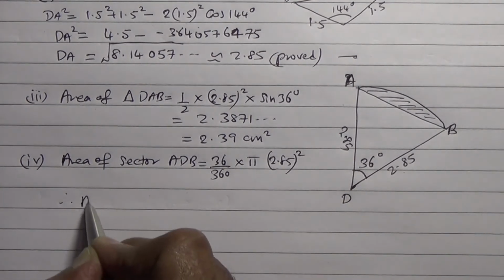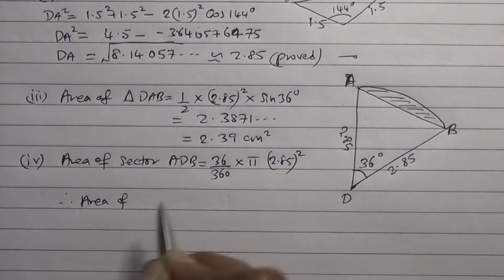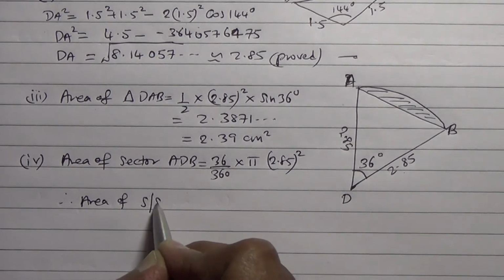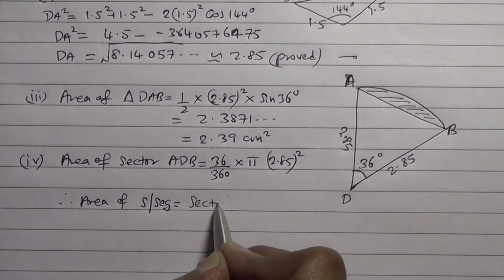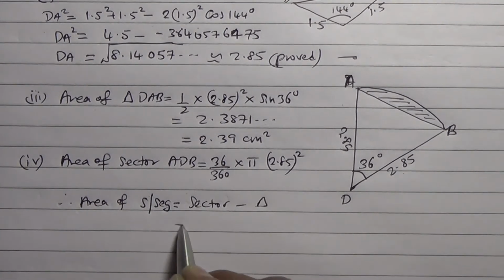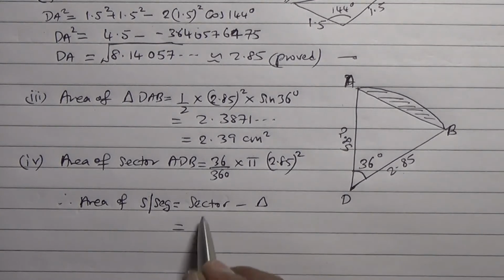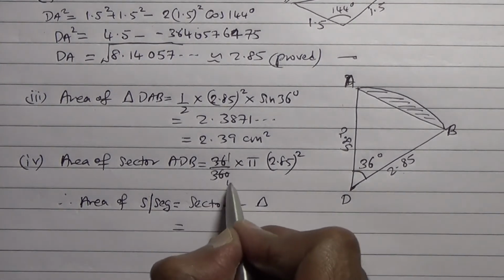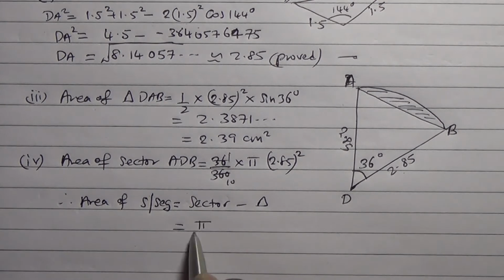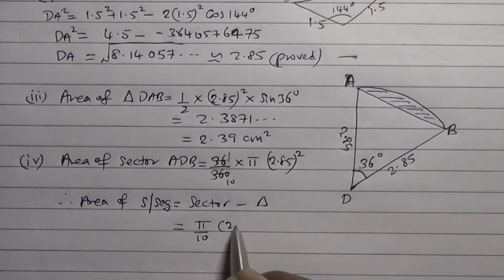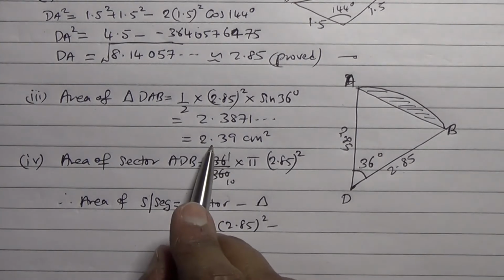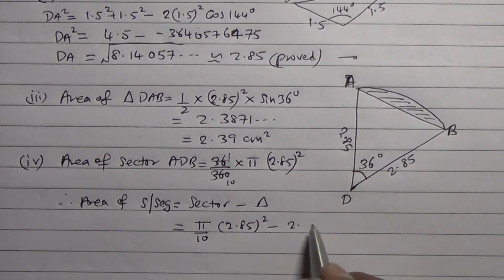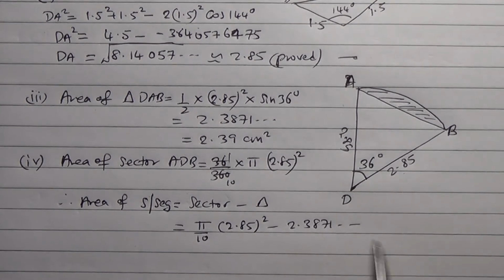Therefore, area of shaded segment is equal to the sector minus the triangle, and the sector is what we found there. This is 1 over 10, so this is like pi over 10 times 2.85 squared, minus the area of the triangle, which was found to be 2.39, let's say 2.3871 and so on.